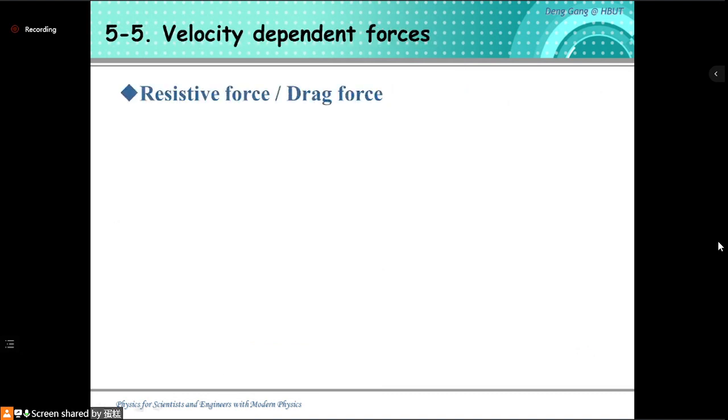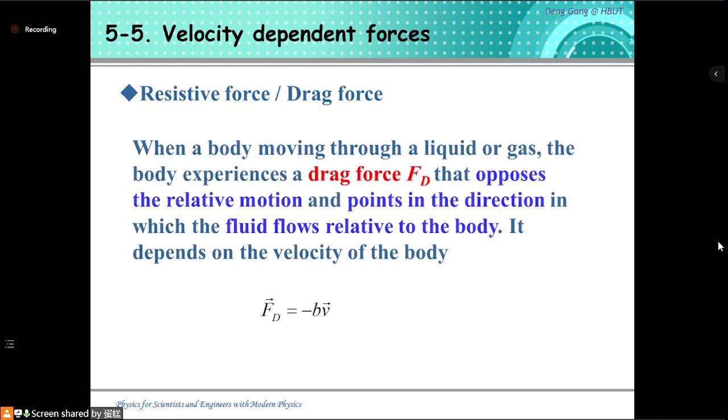So there's something similar to friction, which you also cannot avoid: the resistive force or the drag force. It is the force when a body moves through a liquid or gas. The body experiences a drag force that opposes the relative motion and points in the direction in which the liquid flows relative to the body.